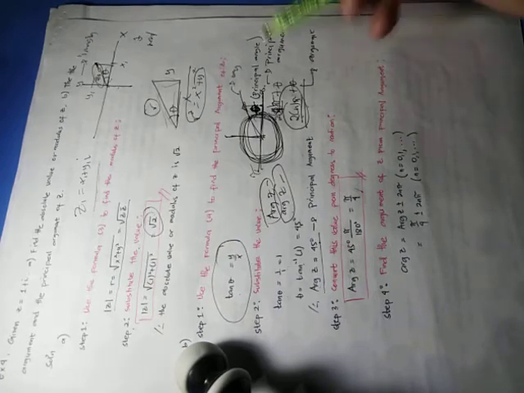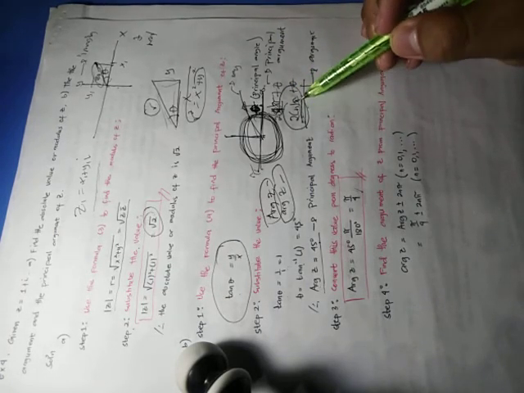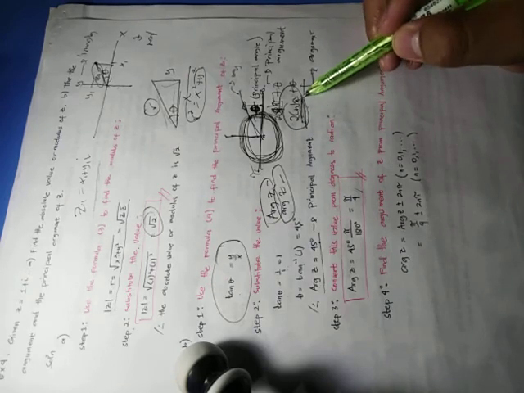Then for step number 4, find the argument of z from the principal argument. This means we can get the argument from the principal argument. As we have seen here, it is just the multiple of 2 n pi.